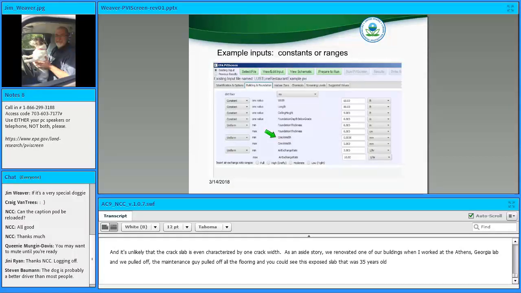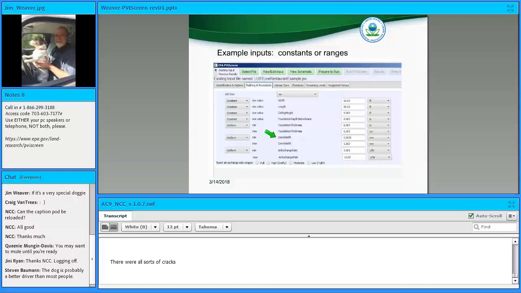The corners were cracked off where the columns had come down. There were all sorts of cracks running across the foundation, and they varied in width. I mean, there were some you could stick your little finger in.